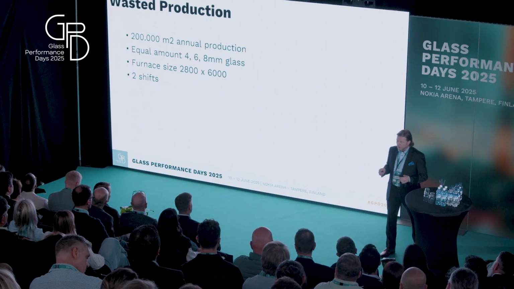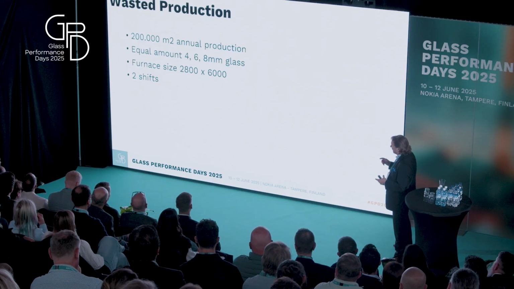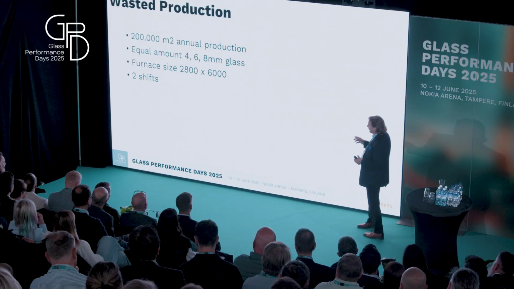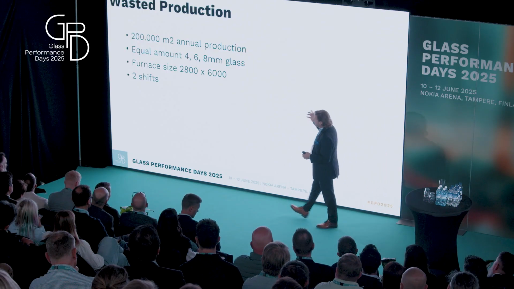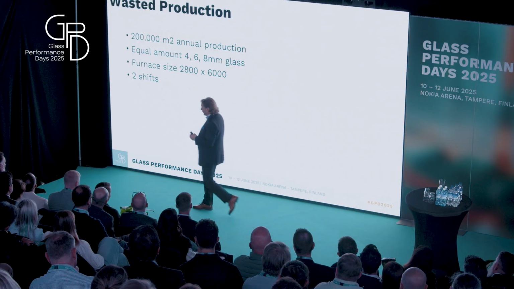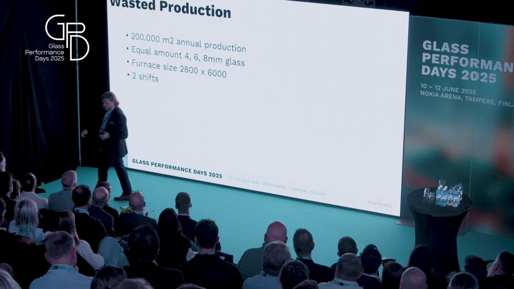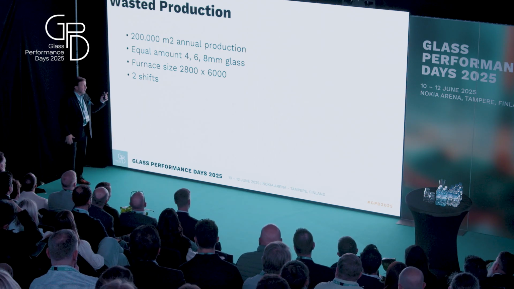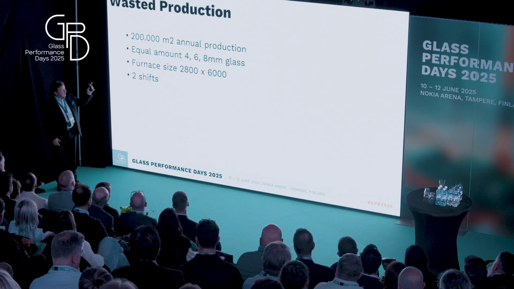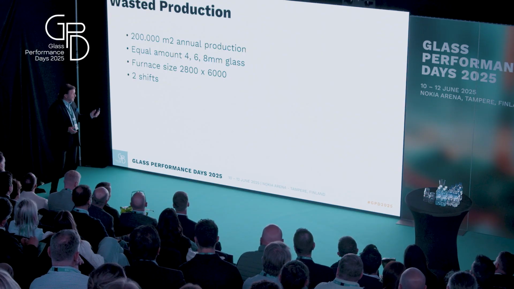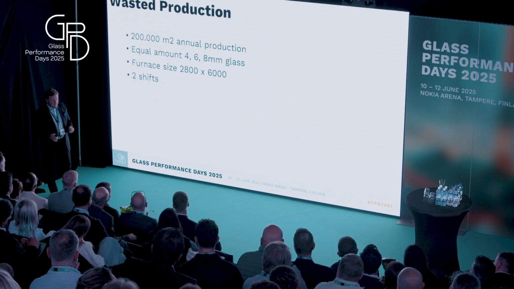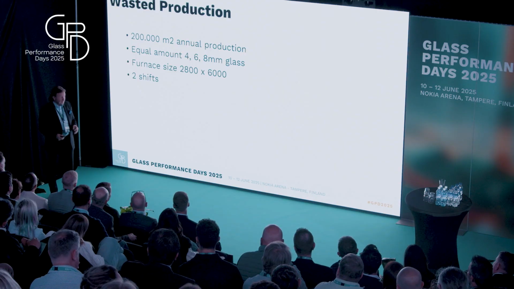But that's not the only thing. The production can be wasted also by idling. Now this is kind of an imaginary factory. Maybe some of you are doing 200,000 square meters of glass, and then if they are equal amounts of 6 and 8 millimeters, furnace size 2.8 by 6, and you are doing 2 shifts.